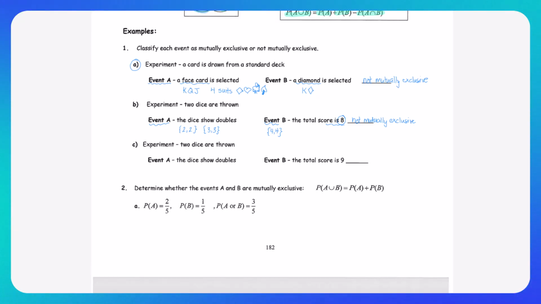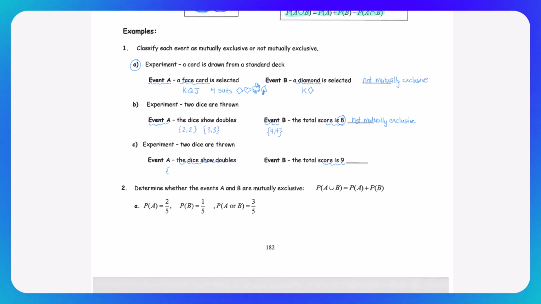And C, experiment: 2 dice are thrown. Same thing again. This one, event A, is the dice shows doubles again. But in this one, the total score is 9. Well, without having to add all of these up, remember, if we have two numbers that are the same and we add them together, they're always going to be even numbers.